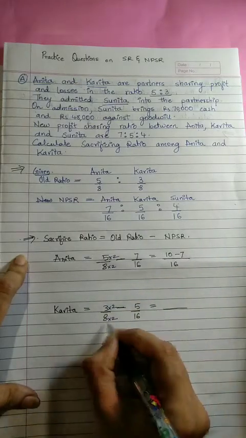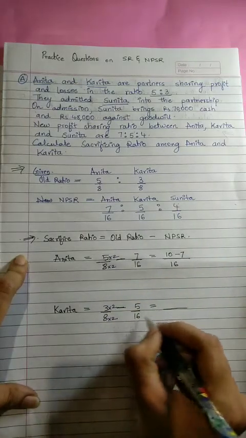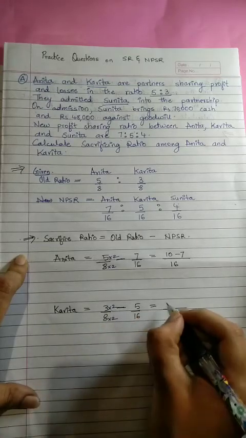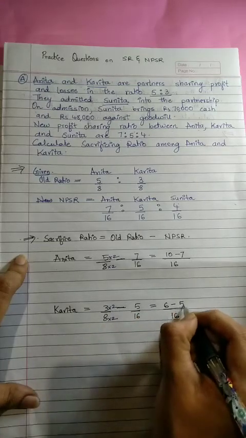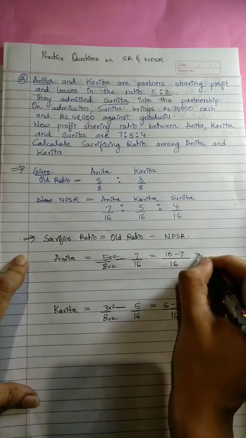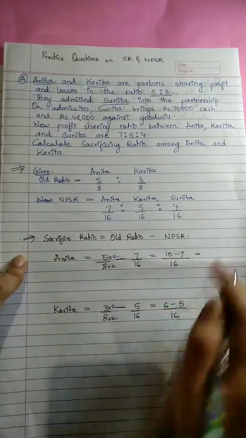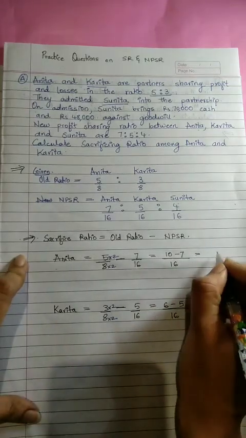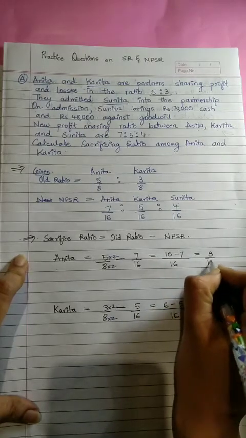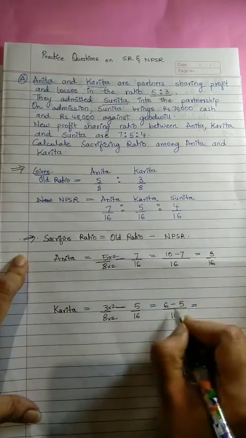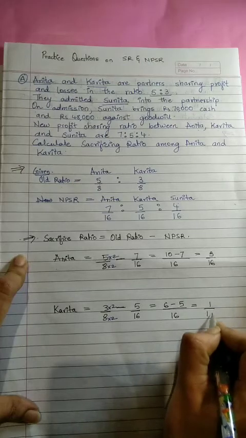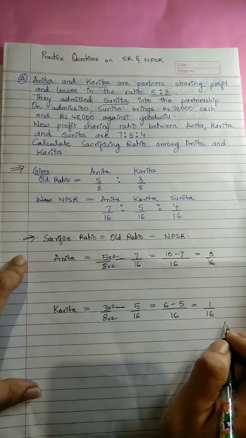Over here, 8 into 2, 16. So it is equal now. 3 into 2, 6 minus 5. Now 10 minus 7 is 3 upon 16. 6 minus 5 is 1 upon 16.